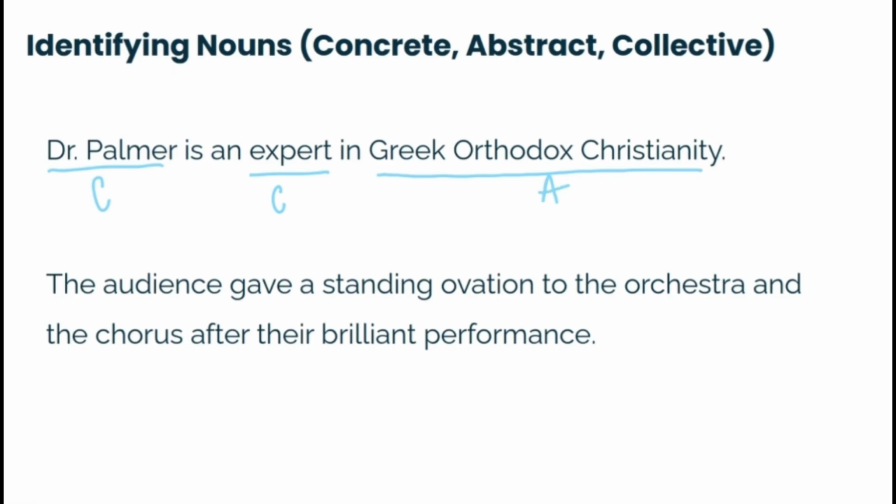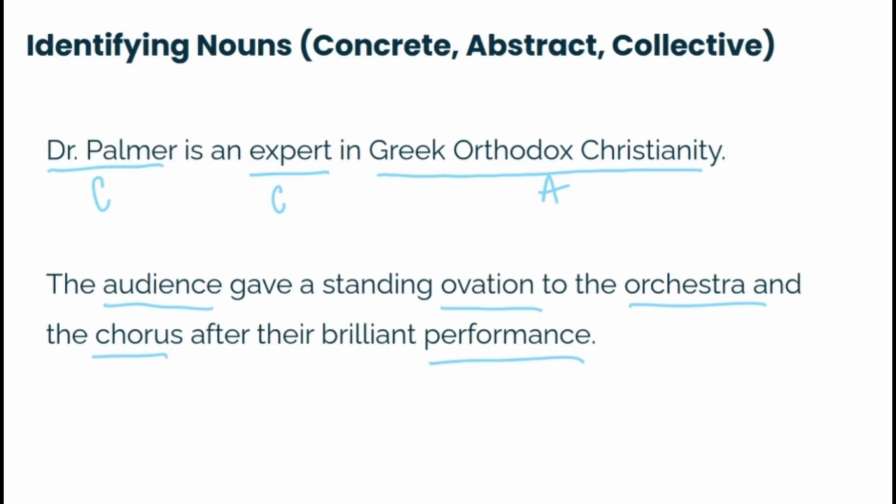Okay. Number 2, the audience gave a standing ovation to the orchestra and chorus after their brilliant performance. A couple things that are standing out to me. Number 1, I have audience. I have ovation. I have orchestra, chorus, and performance. So I have 5 nouns in this sentence. Majority of them are those collective nouns.